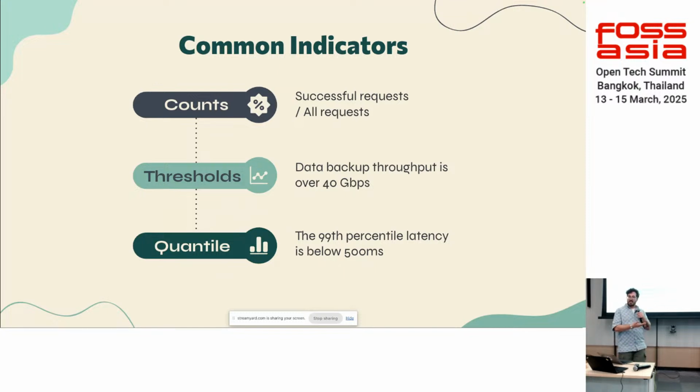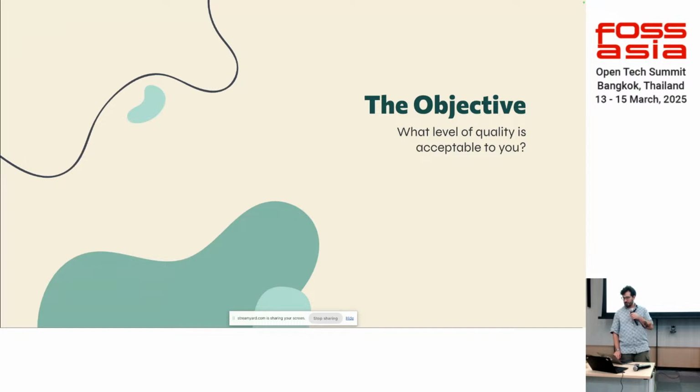And latency or other sorts of measurements of the statistical shape of your system. Like the 99th percentile latency is below 500 milliseconds, which is telling us the vast majority of users are getting service fast enough, however you define that number of fast enough.